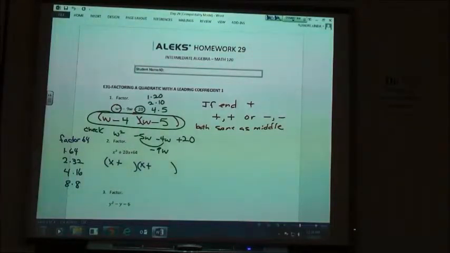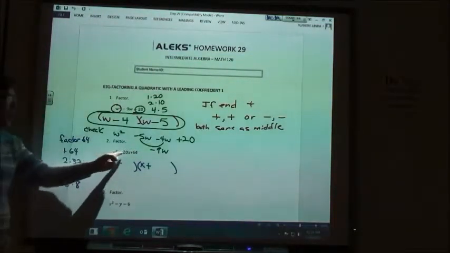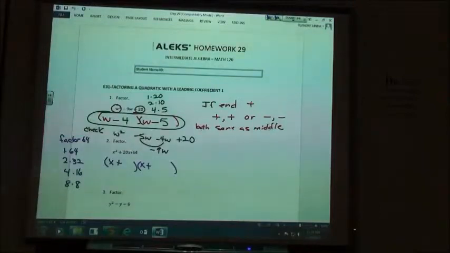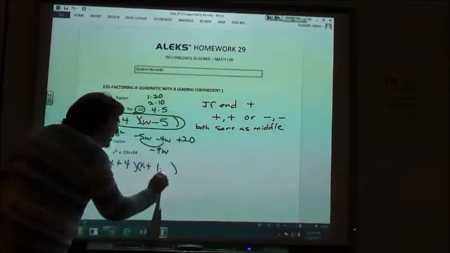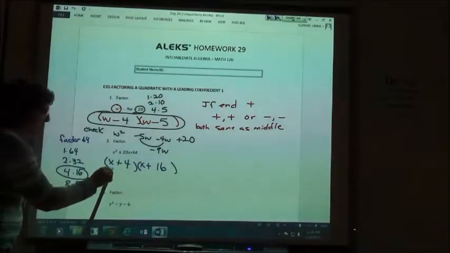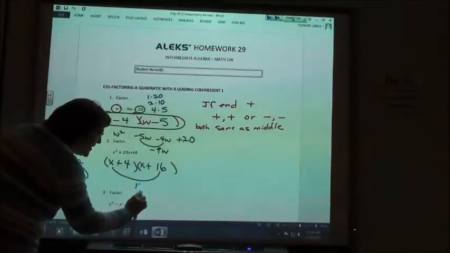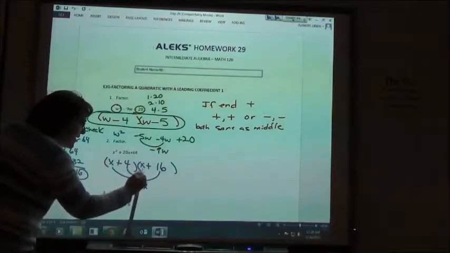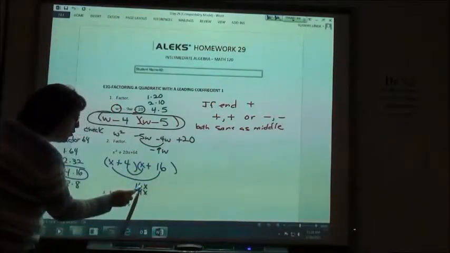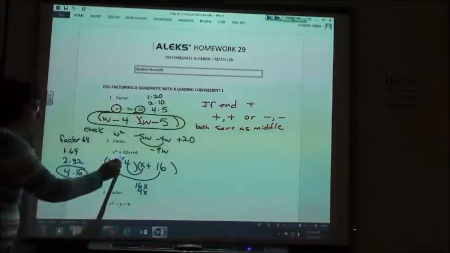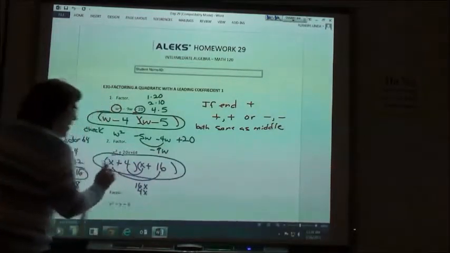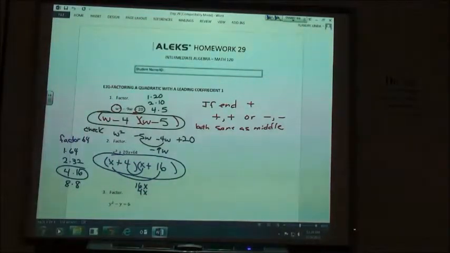I'm looking for the pair of factors that's going to give me 20 in the middle. So the pair of factors here that would give me 20: 4 and 16. If I check, my outside product would be 16x, my inside product is 4x, those add up to the 20x in the middle, so my answer: (x plus 4) times (x plus 16).